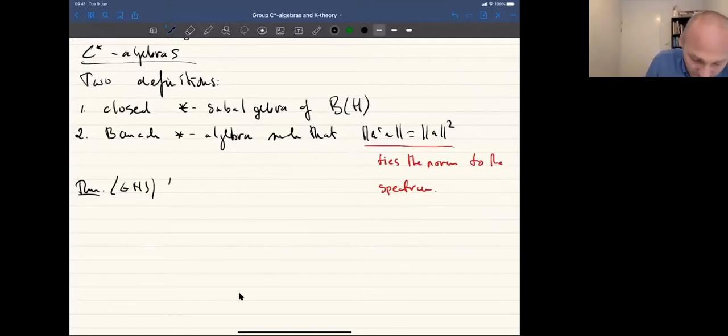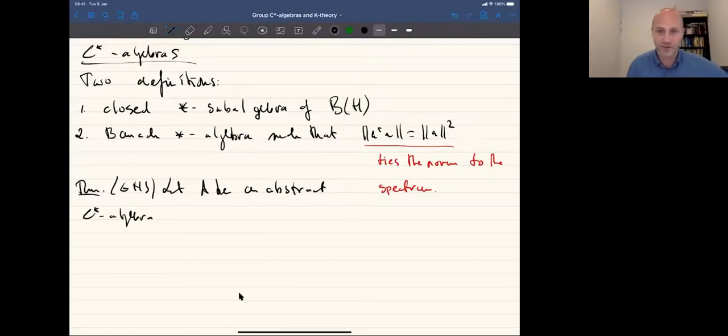So let A be an abstract C-star algebra. So that means that it satisfies definition number 2.